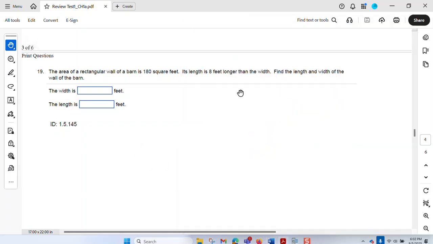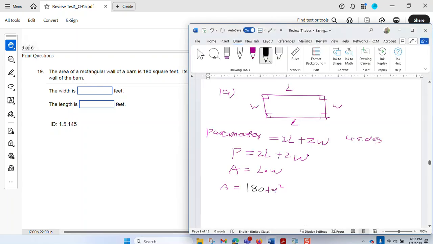It says the length is 8 feet longer than the width. Okay, so how do we write down this one? Length, so L is 8 plus W. The length is 8 feet longer than the width.